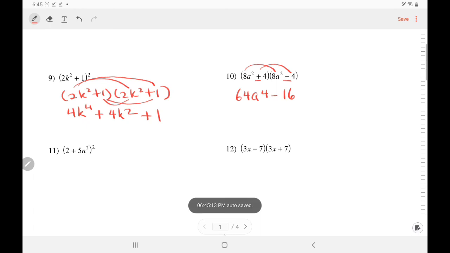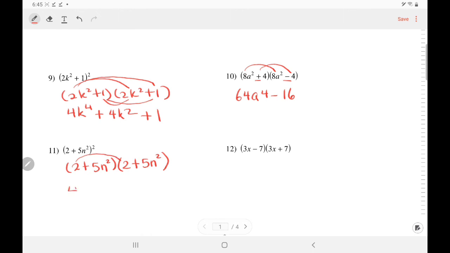This is squaring of a binomial, so we know we will get a trinomial. If it helps, write it out twice. So squaring a binomial means multiplying by itself. So 2 times 2, that's 4. 2 times 5n squared, that's 10n squared, plus another 10n squared.